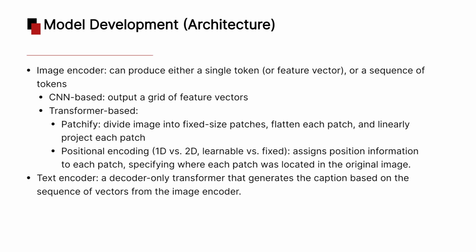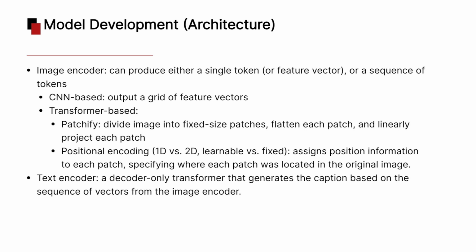On the text side, the text decoder is typically a decoder-only transformer. It takes the sequence of image feature vectors from the encoder and autoregressively generates the caption, predicting one token at a time. During caption generation, the decoder attends both to the previously generated tokens and the image features, allowing it to ground words in the visual content.